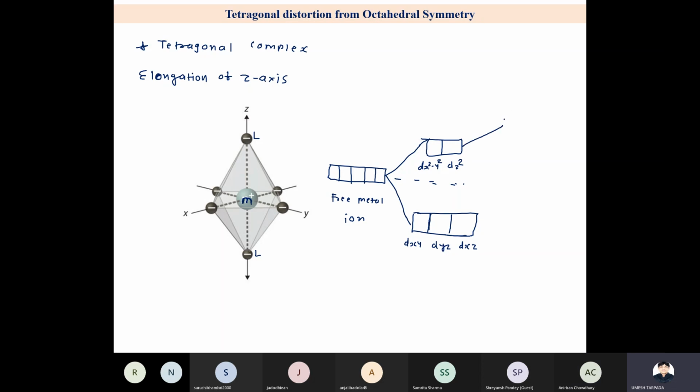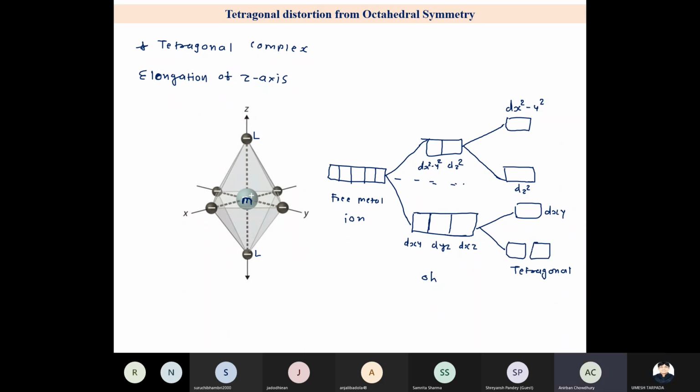This is the case of octahedral, but in the case of tetragonal geometry, tetragonal elongation, the energy of the dz square orbital decreases and the energy of the dx square minus y square orbital increases. In a similar way, the energy of dxy increases, and the two orbitals whose energy decreases are dxz and dyz.